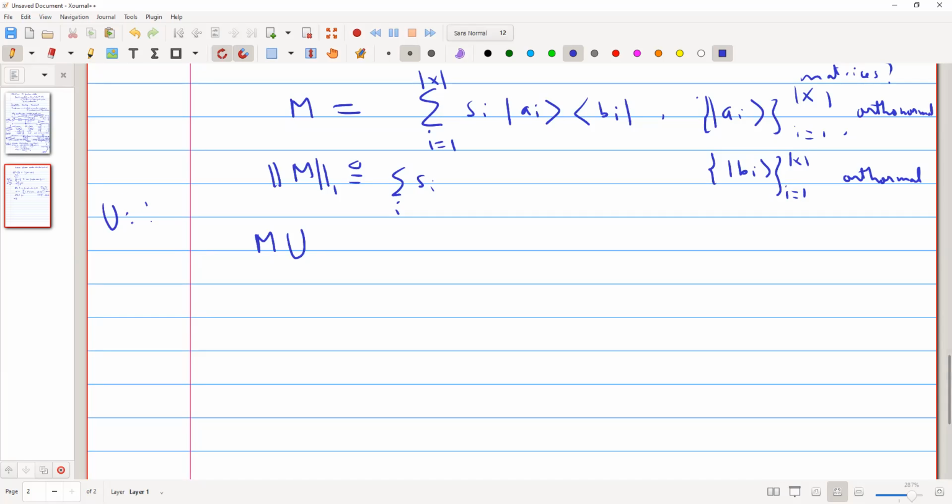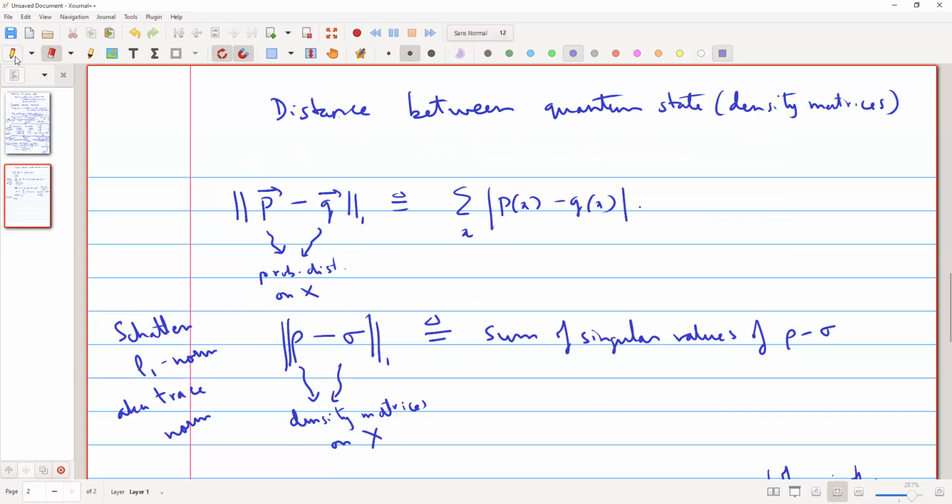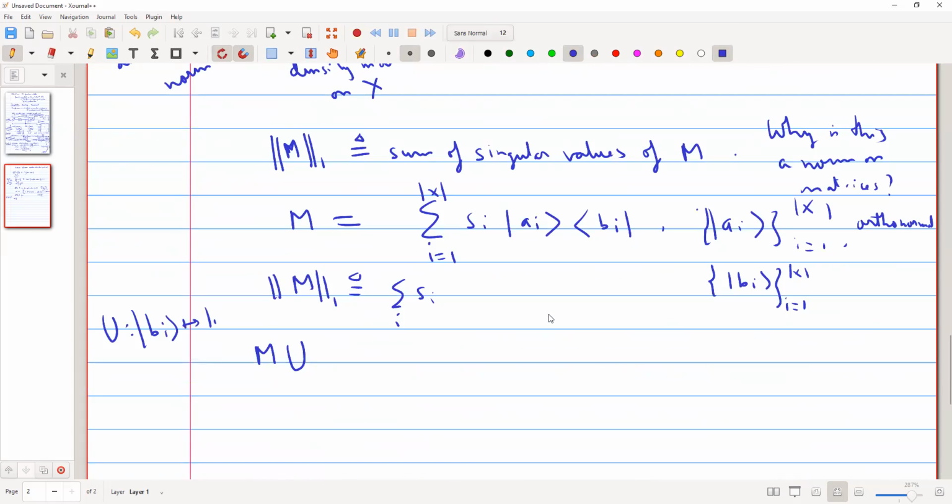So U is a matrix which sends B_i to A_i.